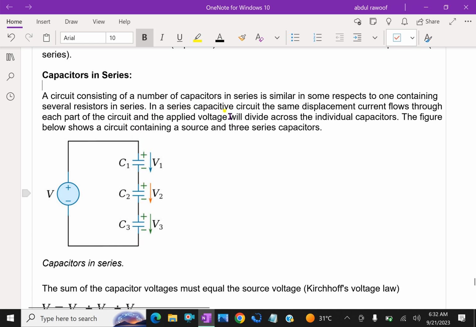In a series capacitive circuit, the same displacement current flows through each part of the circuit, and the applied voltage is divided across the individual capacitors. In series, voltage is distributed and current is the same through each capacitor. That means total voltage V equals V1 plus V2 plus V3.